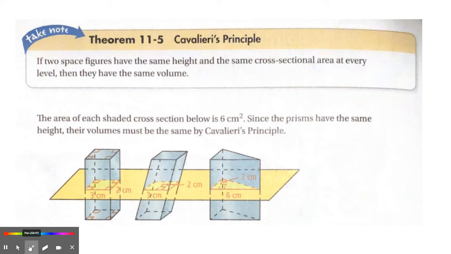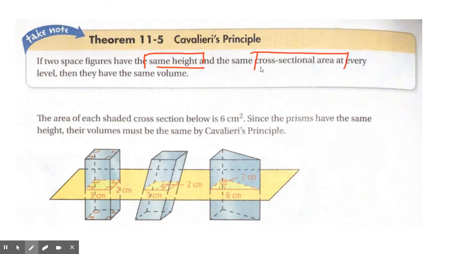So what this says is that if two figures have the same height and the same cross-sectional area at every level, so cross-sectional area, including at the bases, then they will have the same volume. So in this figure here, what they're saying is that each cross-section has an area of 6.